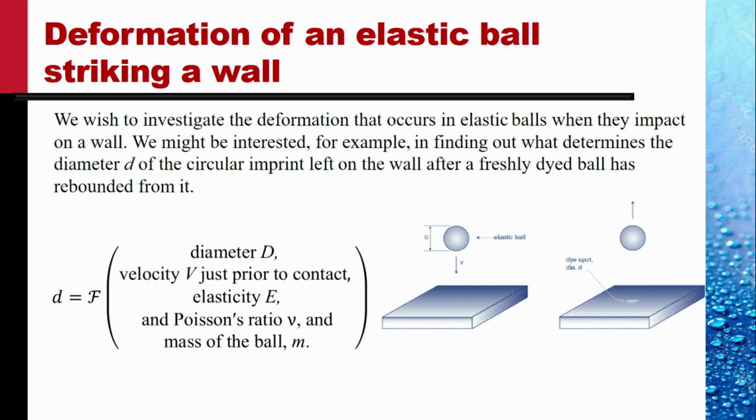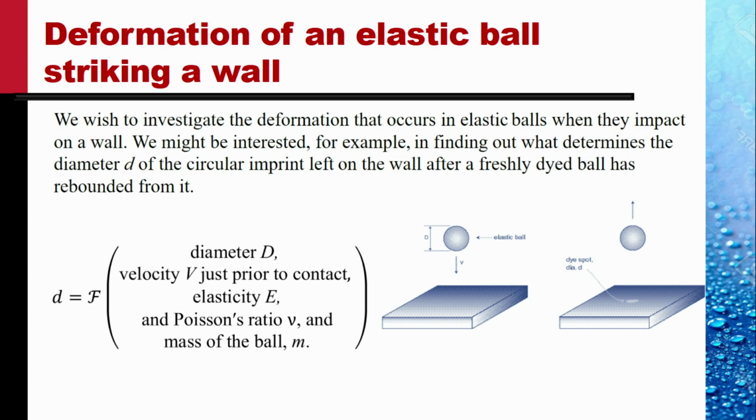Clearly, the diameter of the dye spot lowercase d would be a function of the diameter capital D of the ball, the velocity v just prior to the contact with the wall, the elasticity E of the ball material, the Poisson's ratio nu, and the mass of the ball m.